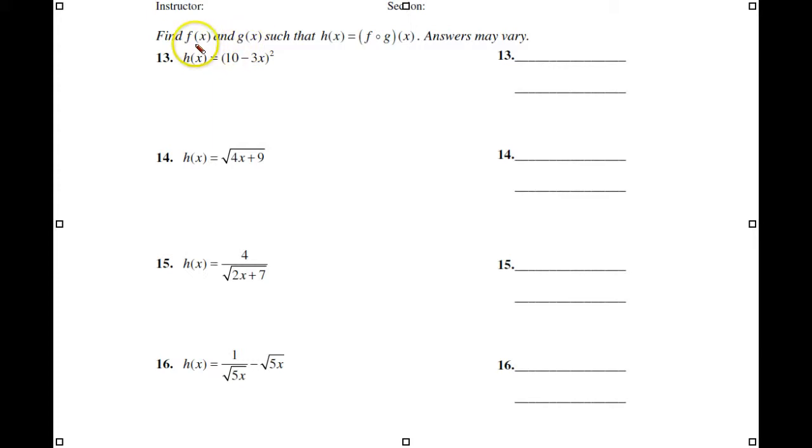Now, for this one, we're looking for a function of f, function of g, that's going to give us a composite function h, where we have x as what we want to illustrate.